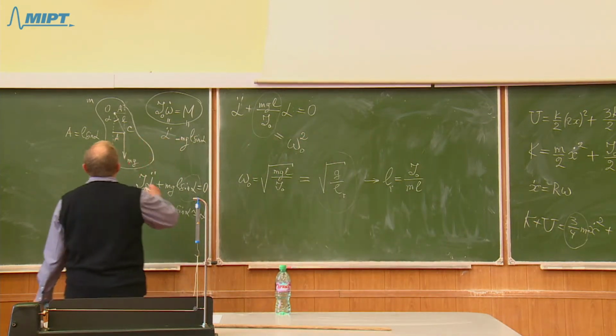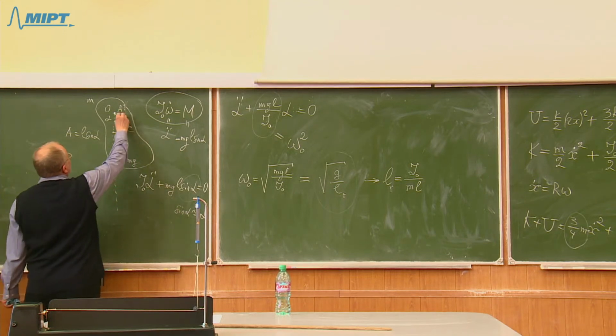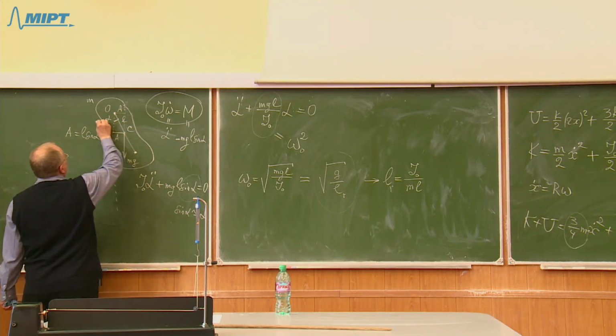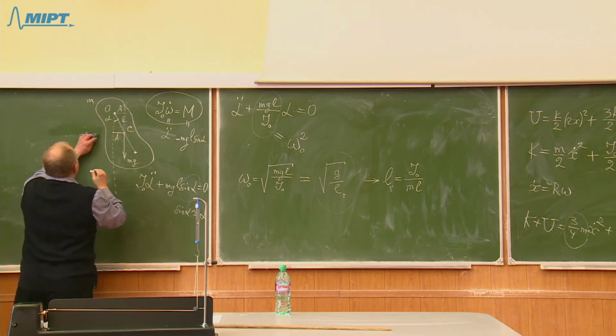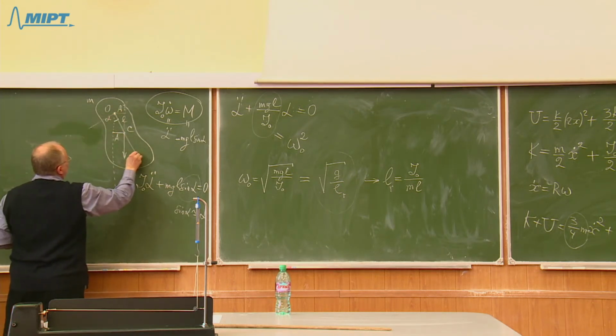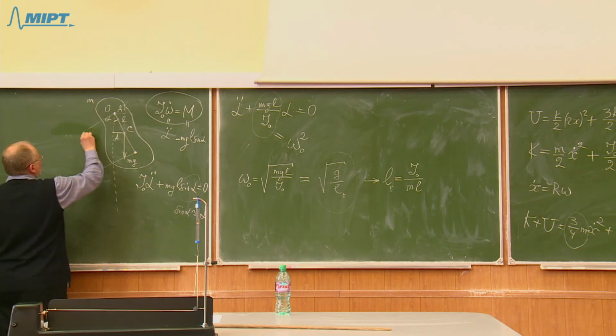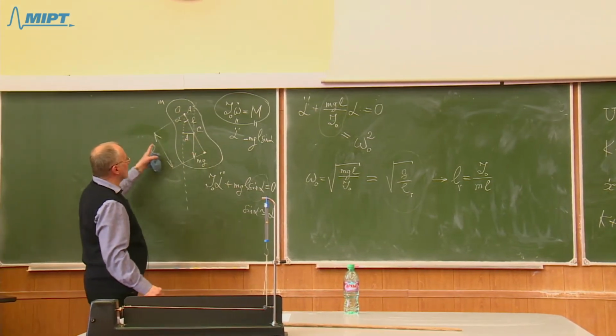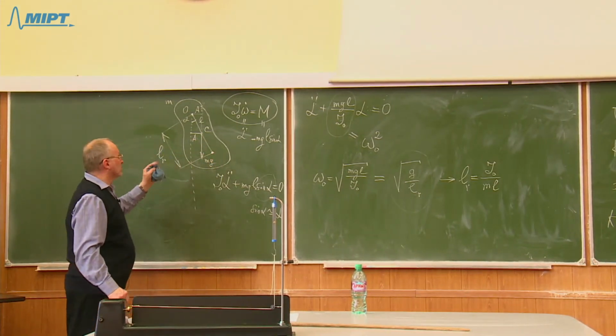So I will indicate here the reduced length, for example, Z1, that will be the reduced length, the length of some ideal pendulum which will have the same frequency of oscillations.